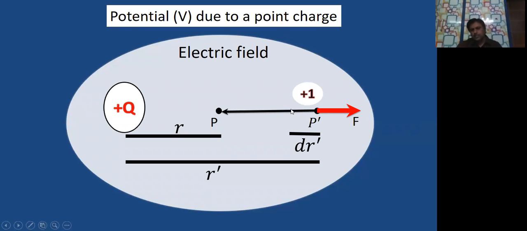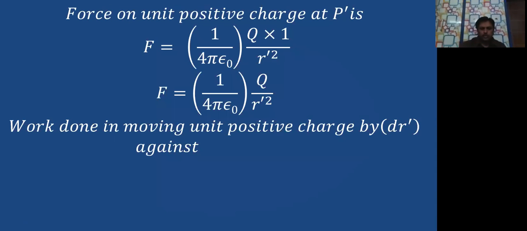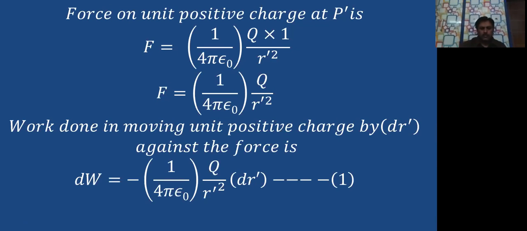So what is the direction? Opposite direction. When the direction is opposite, what angle do we take between force and displacement? 180 degrees. That means cos 180 will become what? Minus 1. So I can explain like that also. Work done becomes negative, that is dW is minus 1 by 4 pi epsilon 0 Q by R dash square dr dash. So however you explain, you will get the same equation number 1. I hope I have justified. Okay, let me move on.